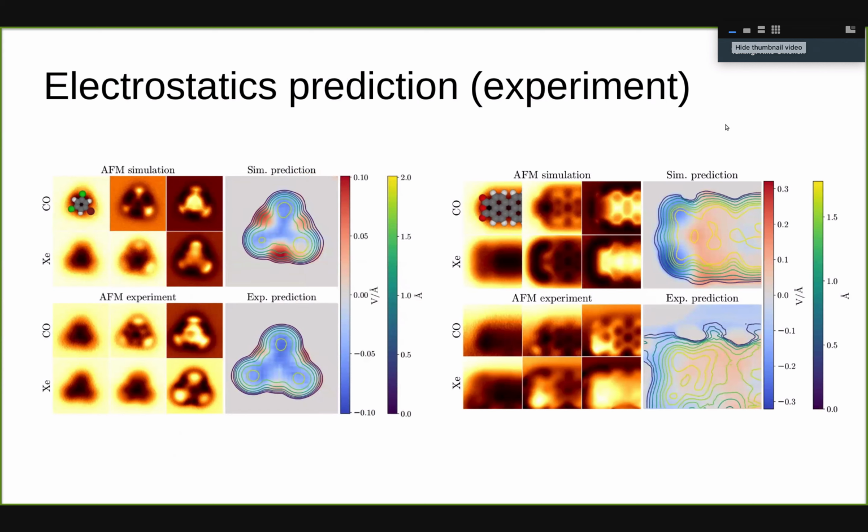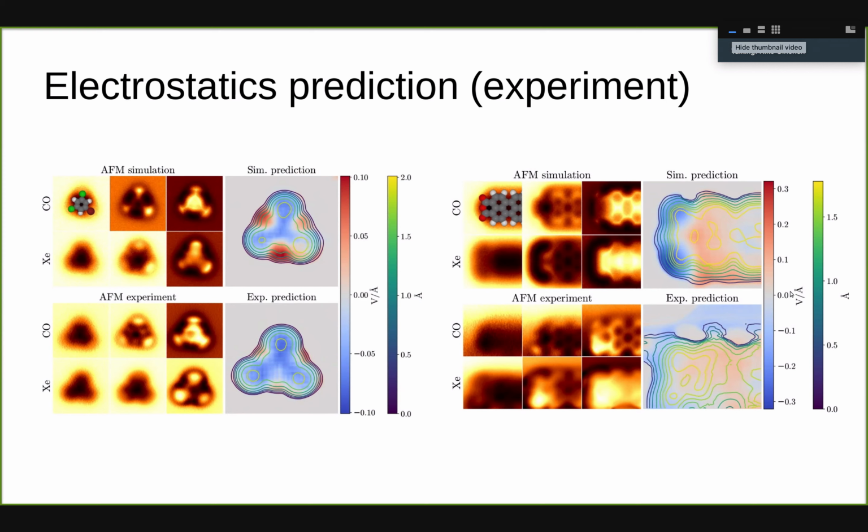For the second example, we have this PTCDA molecule. Again, in this case, the simulation and the experimental predictions are quite good. We have positive charge around the middle part of the molecule with the carbon rings, and then negative charge over the oxygens, and we see a similar pattern in the experiment.